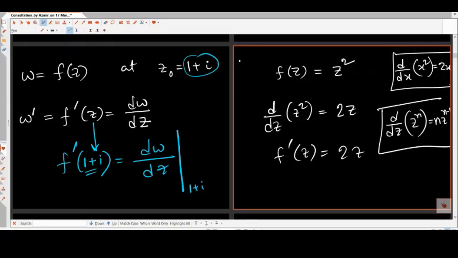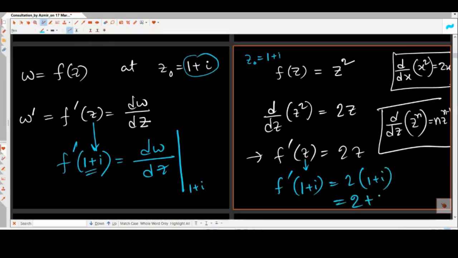So we want to evaluate the first derivative of f of z at, let's say, z naught equals 1 plus I. We will just plug the value here, 1 plus I. That means where we have z, we can input 1 plus I. So we are getting 2 plus 2I.